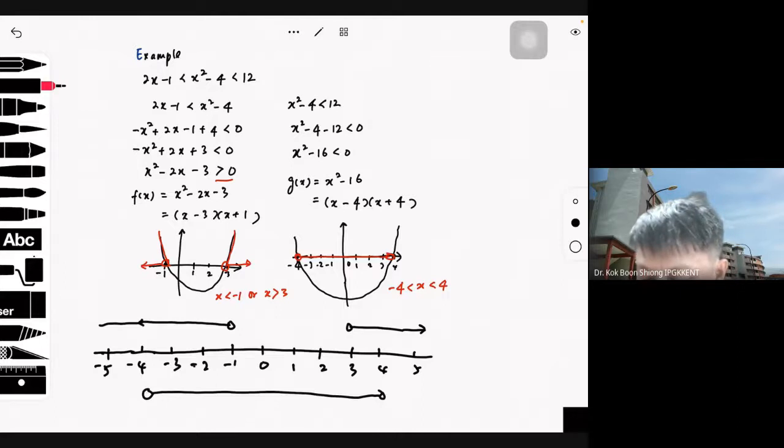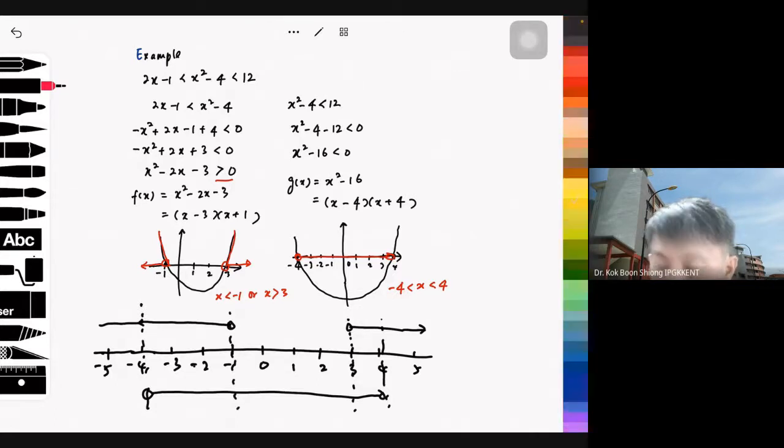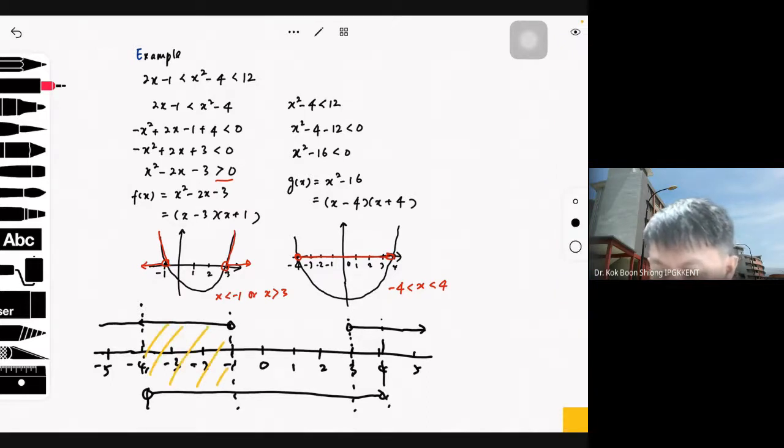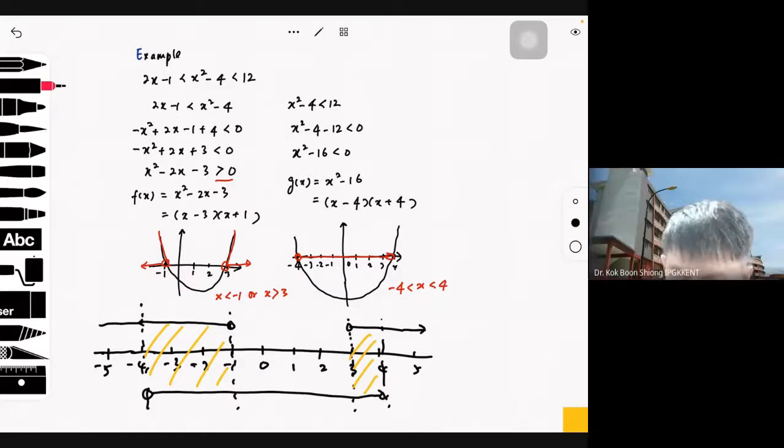So we look at the area where both are overlapping. So what is the final answer? x is between negative 4 and negative 1, or x is between 3 and 4.